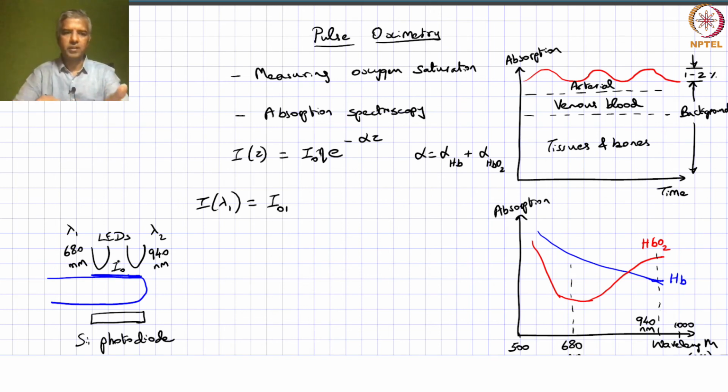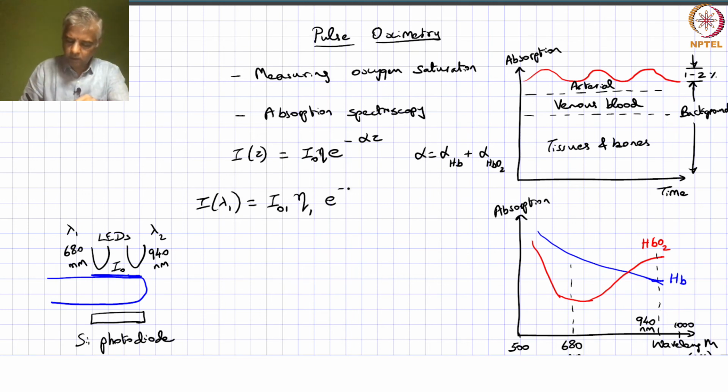I naught 1 corresponds to lambda 1, I naught 2 corresponds to lambda 2, and then you have that external loss factor, which can be a function of wavelength. We will come back and look at that, and then you have that exponential term.